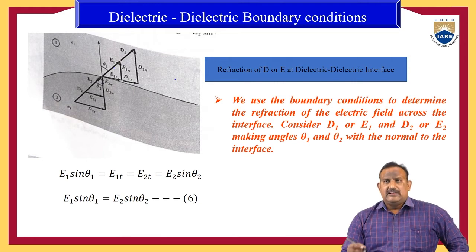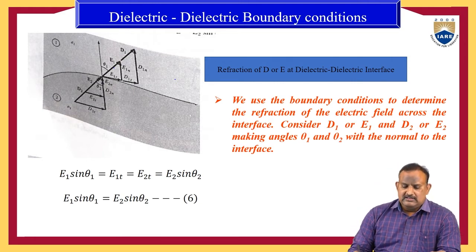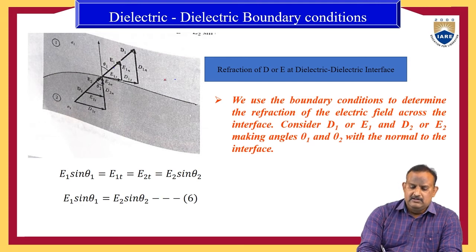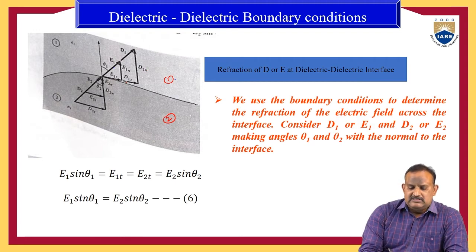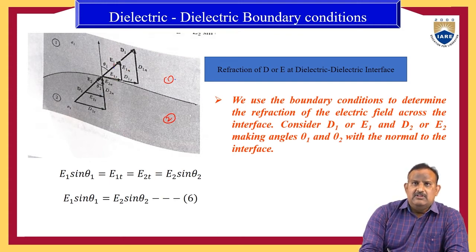To find the refraction, we assume media 1 and media 2. In media 1, assume two components: E1t, the tangential component of the electric field, and E1n, the normal component. The resultant gives E1 equal to E1t plus E1n.